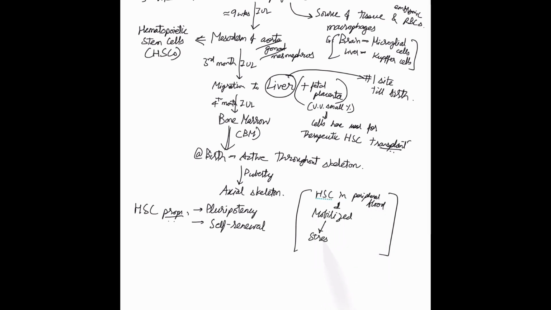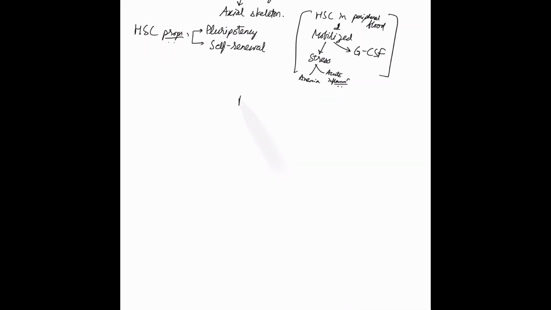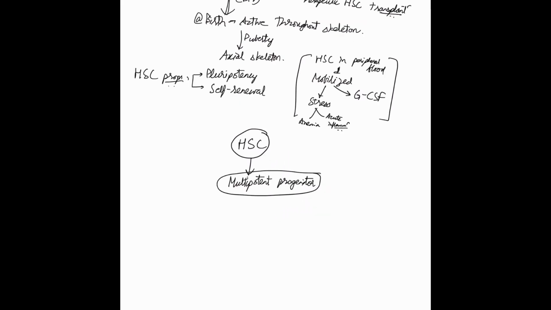So stem cells are pluripotent and have the capacity for self-renewal. In peripheral blood, these cells are mobilized during stress and on GCSF. We'll come to that later. So there's a multipotent progenitor which differentiates into a myeloid precursor and a lymphoid precursor.